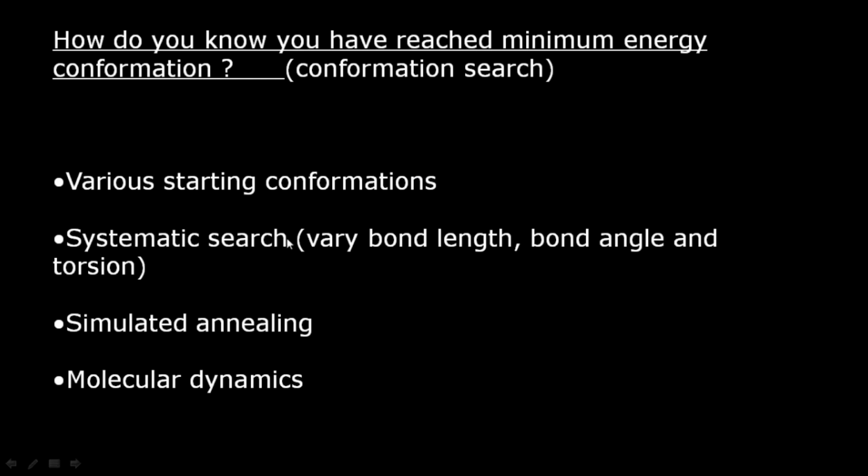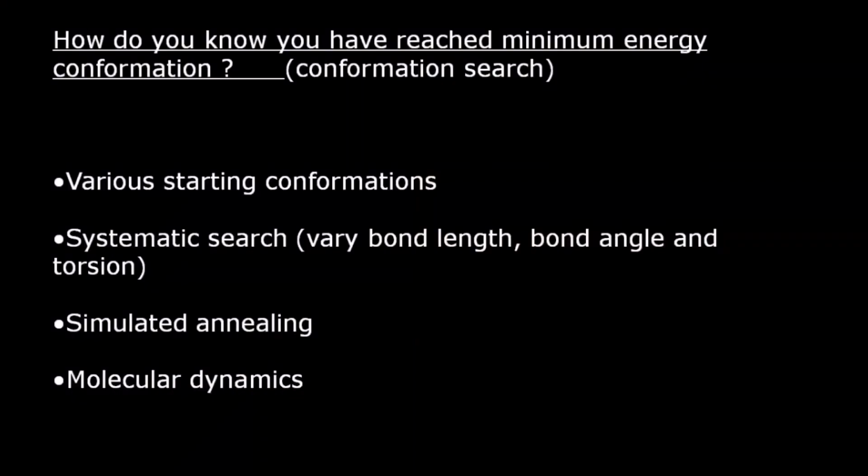You can also have systematic search, that means you change bond length, bond angle, torsion very systematically, keep on calculating the energies, but that is going to be very time consuming because when you have say 10 bonds, 20 angles and 30 torsions, imagine it will be almost like raised to the power.